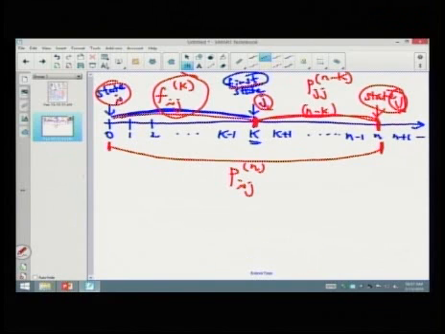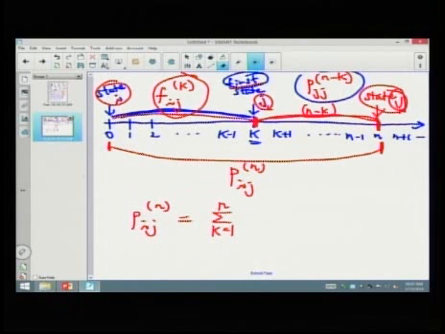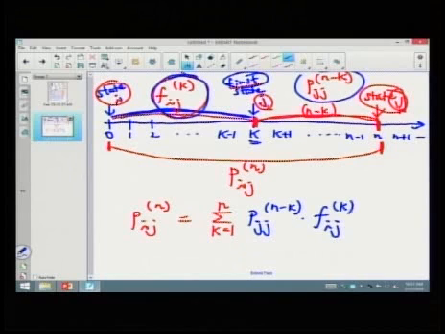So I can say that P sub ij to the nth power is exactly the same as the sum over k equals 1 to n of P sub jj to the n minus k times f sub ij to the kth power. Okay?